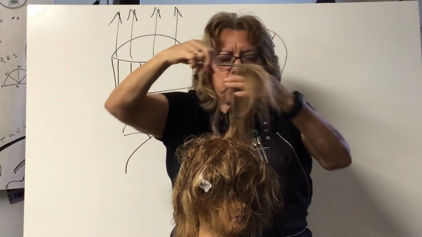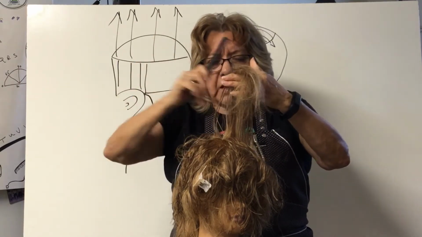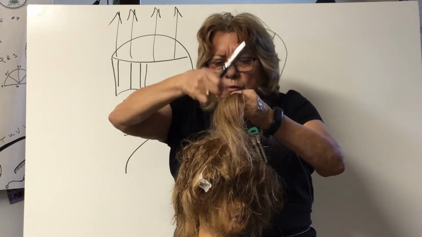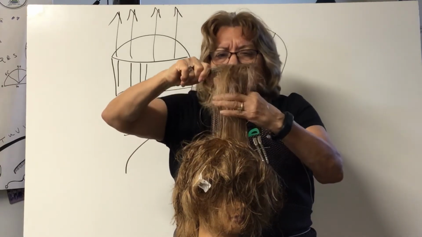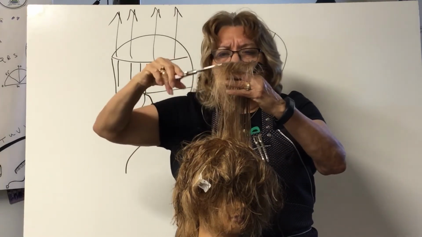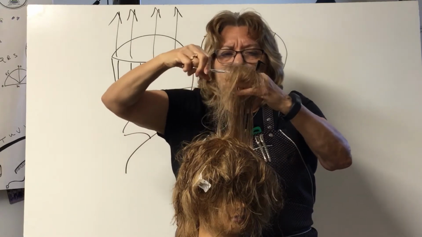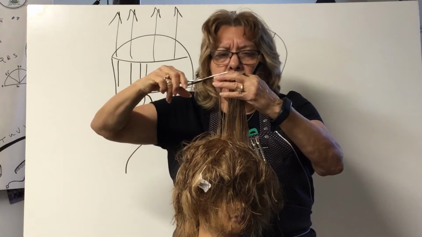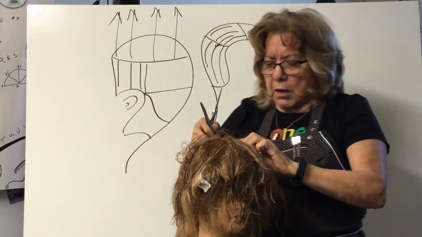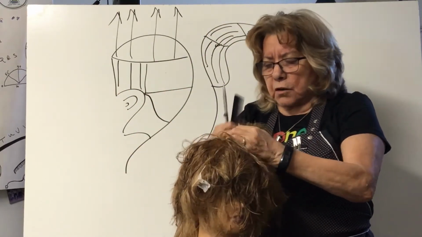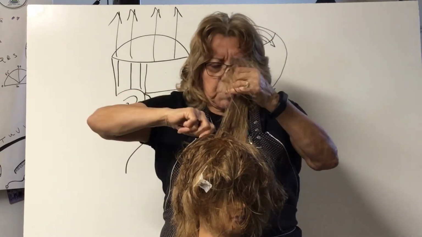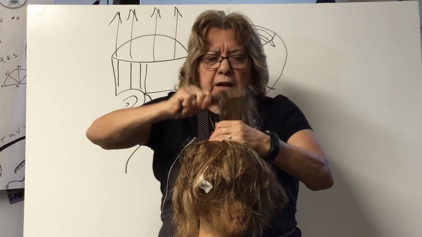I'm not pulling it one way or the other. Everything is straight up. Let me get the one right next to it there. Everything is straight up. Nothing different. Straight up. Coming back to the crown, my section now is getting a little bit smaller. I'm going to comb that out.